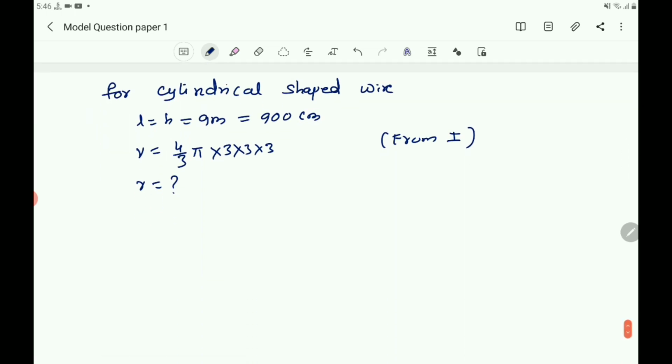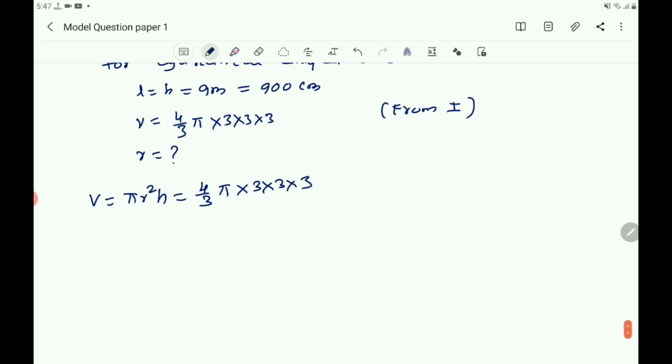Then you write here formula for V. V is equals to, for cylinder it is pi r square h. That equals to this one. We write 4 by 3 pi into 3 into 3 into 3. Then pi you write pi only. R we have to find out. H is 900 equals 4 by 3 pi into 3 into 3 into 3.